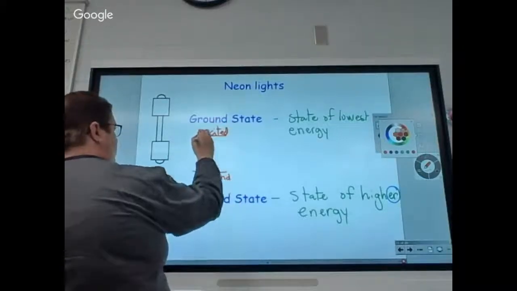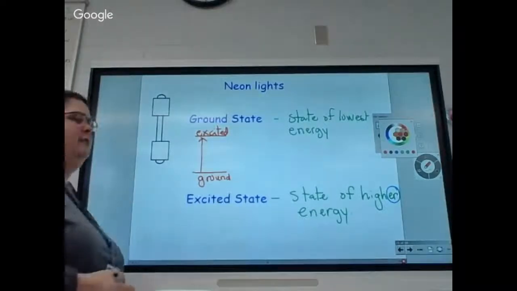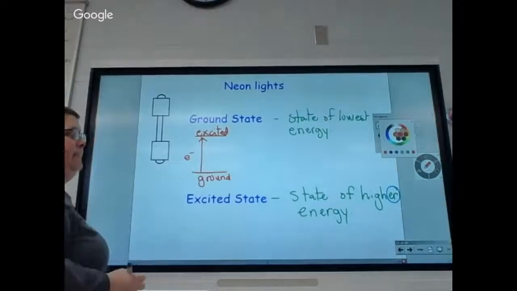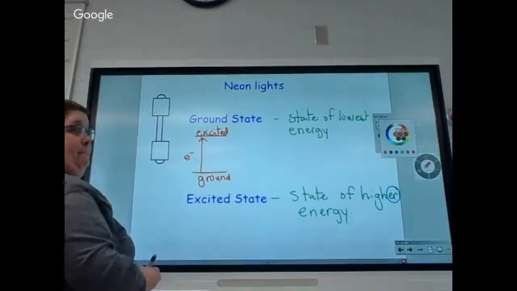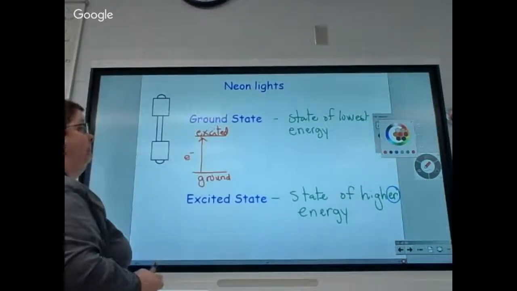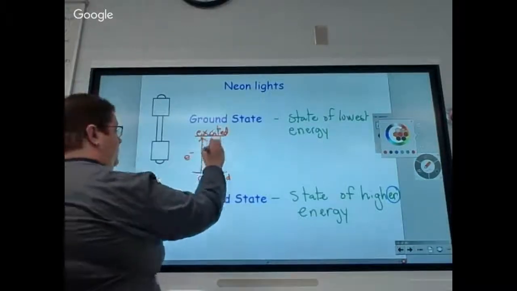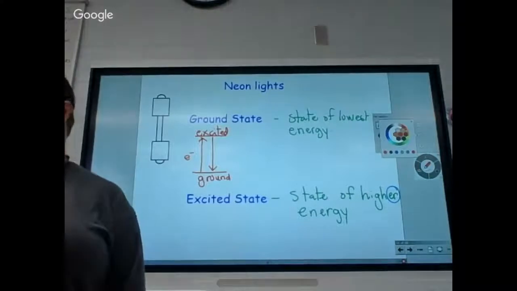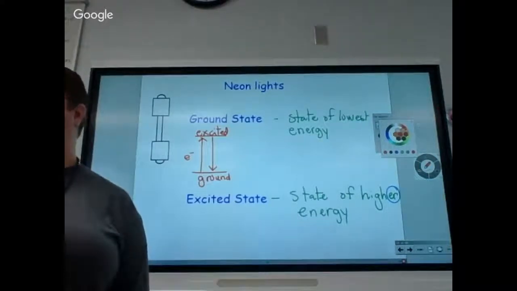Now, when I get to the excited state, do my electrons stay there? No, they go back down, okay? When they go back down, what are they going to give off?